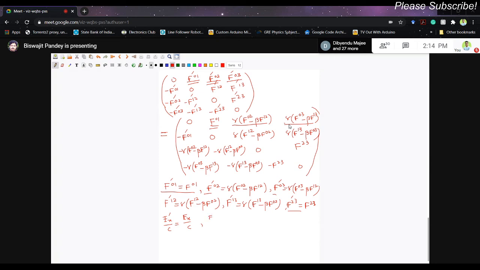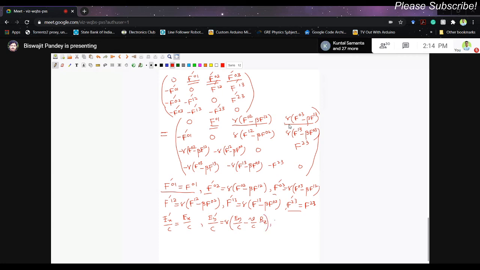So ey prime by c, you see, this will be gamma. Again, f02 will be ey by c, because ey by c minus beta is what? v by c. Let us compare with our previous result, v by c, and then f12 is beta z, right? f12 is beta z. This is the x component, this is the z component, or in the reverse manner, x, y, and z component. So v by c, and let us call that the z component bz, and let us compare with your previous result.